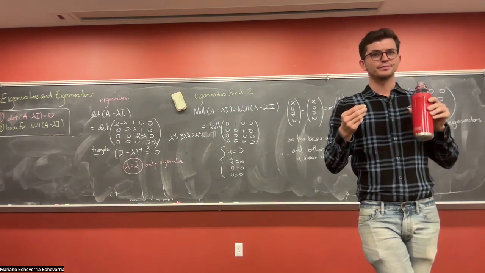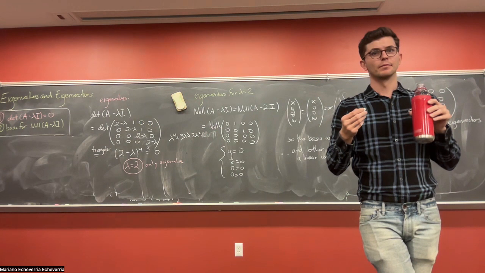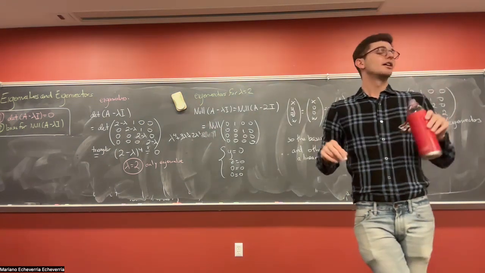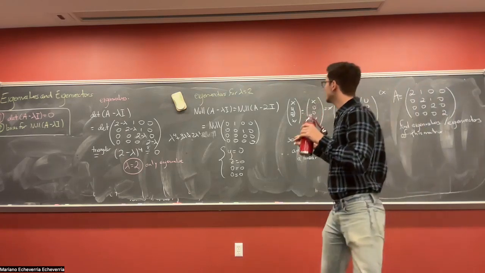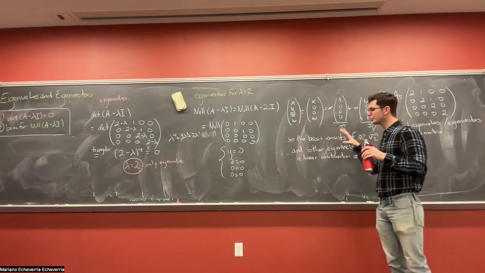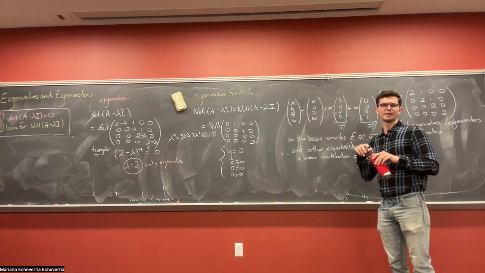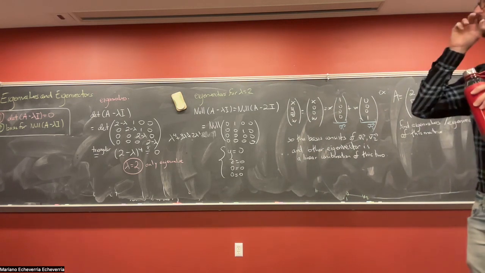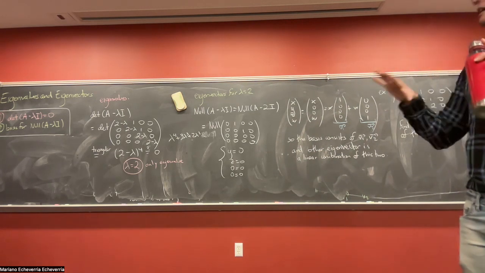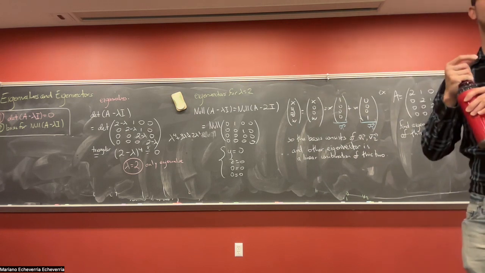Is it possible, for an n by n matrix, that we could find more than n bases? No, it will not be possible. I'll give you those properties next time, but you cannot find more than n linearly independent eigenvectors. At most, for an n by n matrix, a basis of n eigenvectors can be found.